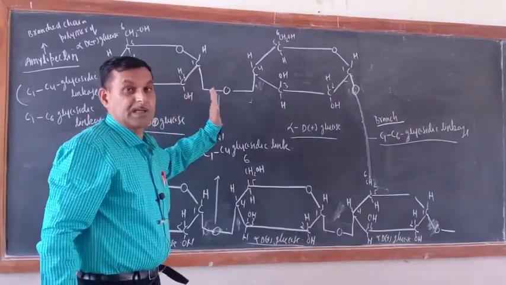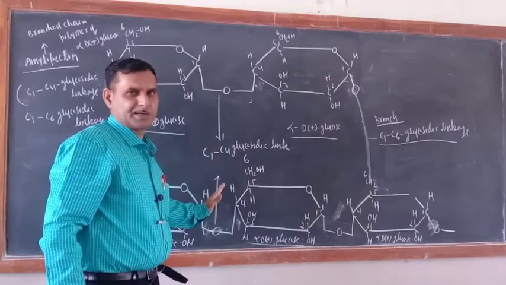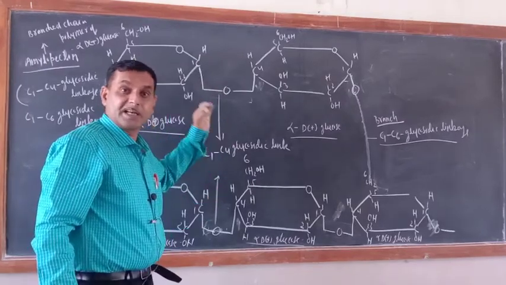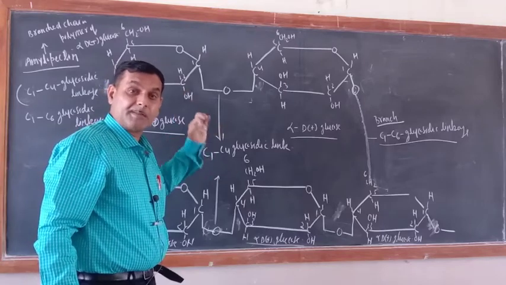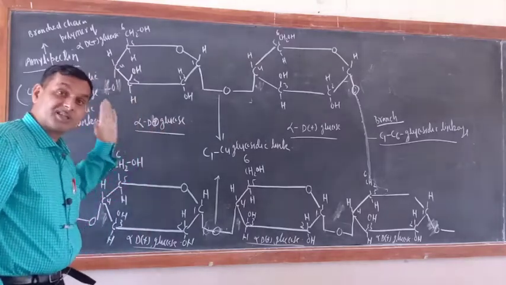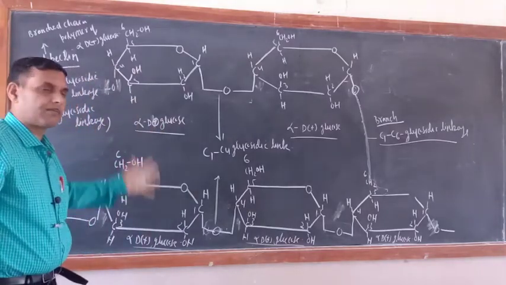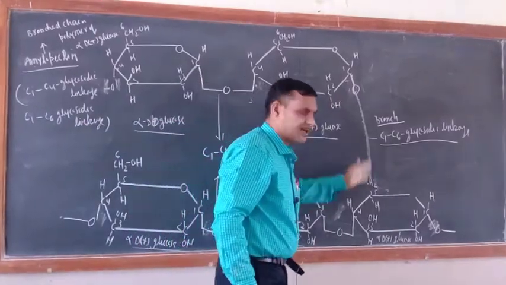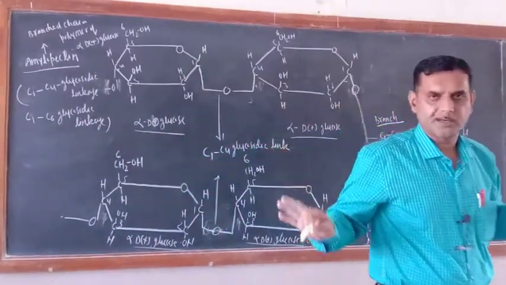Chain polymer. This is branched chain polymer. That is the difference. Amylose is an unbranched chain polymer of alpha D glucose. Amylopectin is a branched chain polymer of alpha D glucose. Both chains are joined together by C1C6 over this one.